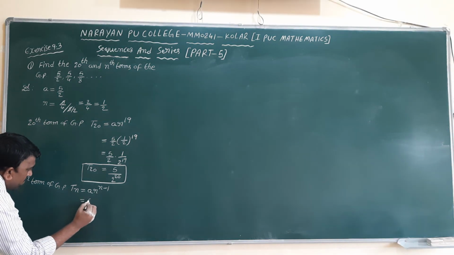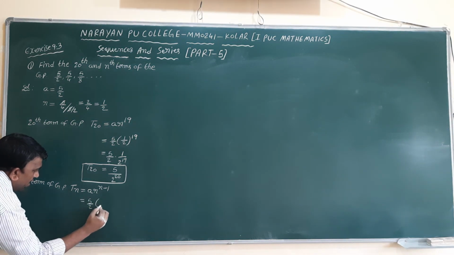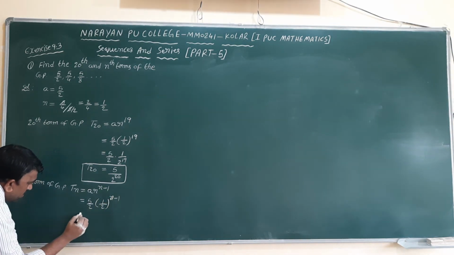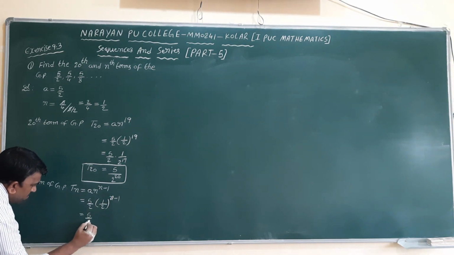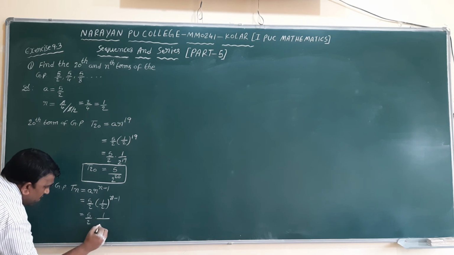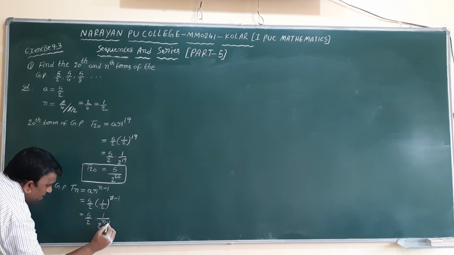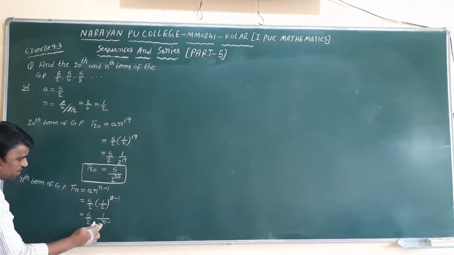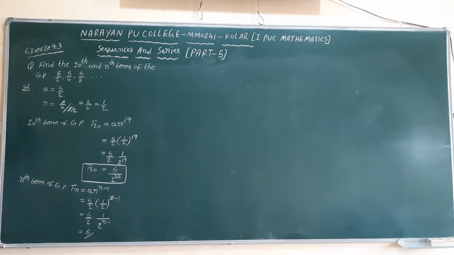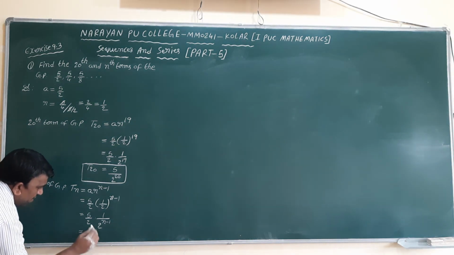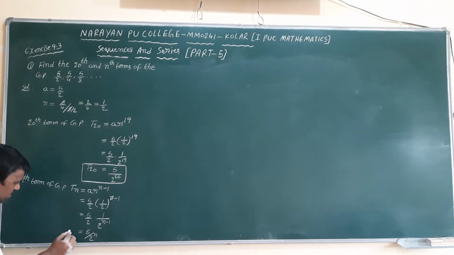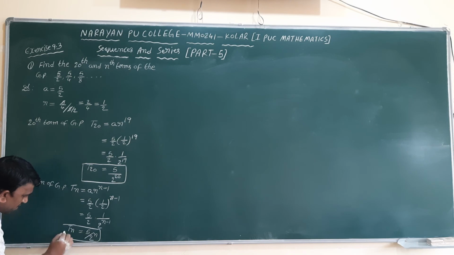A value 5/2, R value 1/2 whole power n minus 1. 1 power anything is 1 only, so 5 divided by 2 power 1 into 2 power n minus 1. The base is same, so you can add the powers: 2 power 1 plus n minus 1, and plus 1 minus 1 cancels. The nth term is 5 divided by 2 power n.